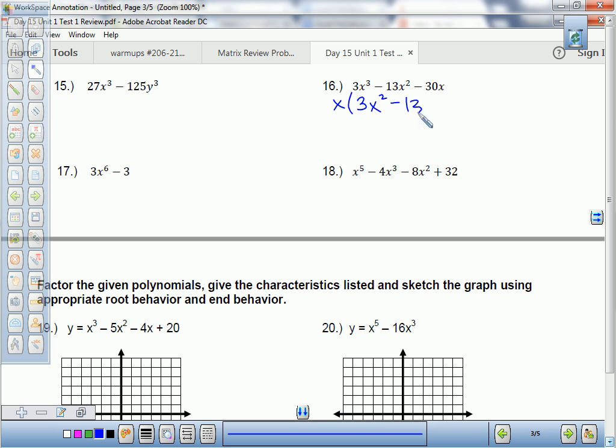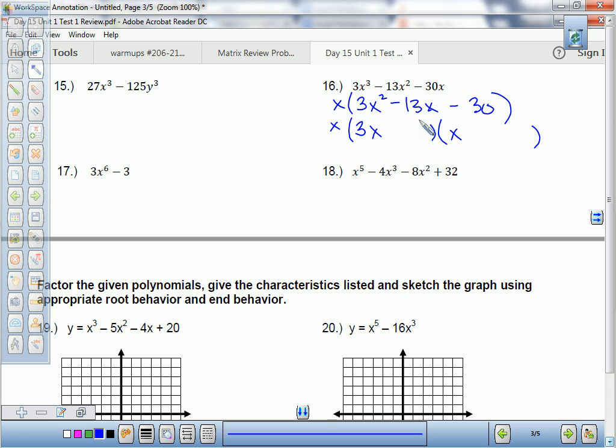So 17 is something I put as a bonus on my last quiz for my regular Algebra 2 class. When we have one that is both a difference of squares and a difference of cubes, you have to do the squares first.